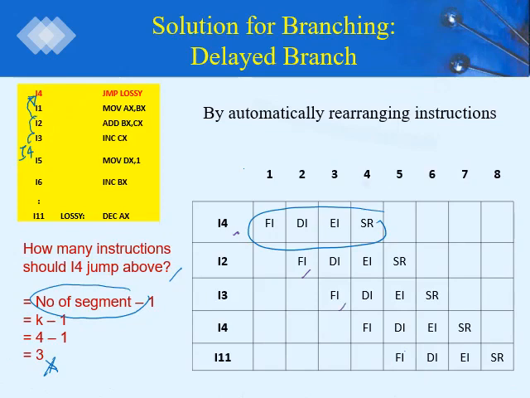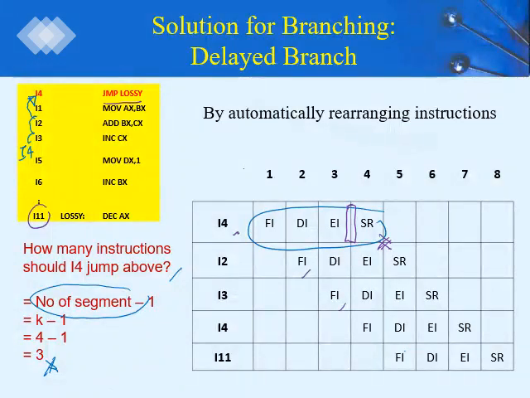And then here, I4, and the pipeline realizes it found a branching instruction, so it needs to go to I11. So after this, it needs to jump to I11, and there is no problem because there's no wasted instruction.